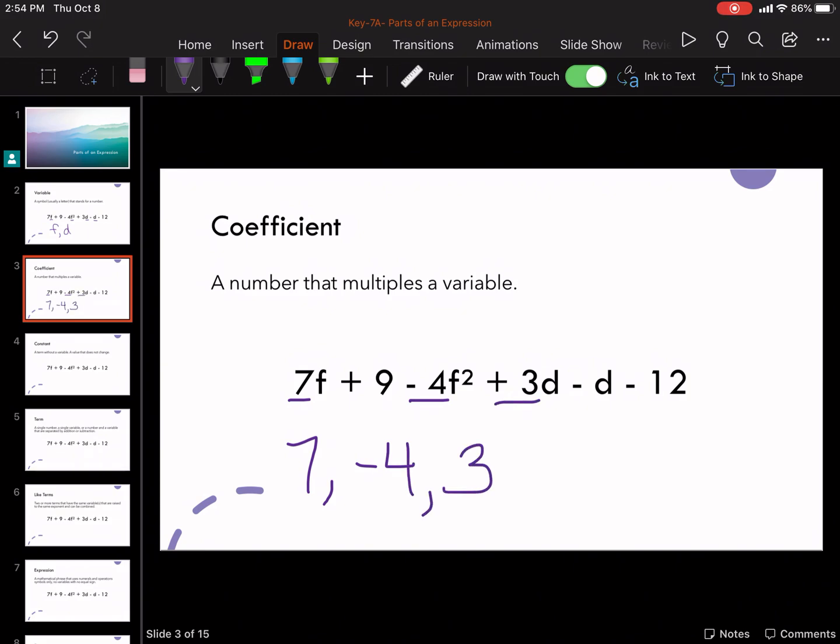We have an invisible 1 here, because how many D's are there? There's 1. But really, because of the negative sign, the coefficient is -1. You have to have that -1 in there because it multiplies times the D. There's -1D. Because if it was +1, you do 1 times D, which would be D. But here, -1 times D is -1D.